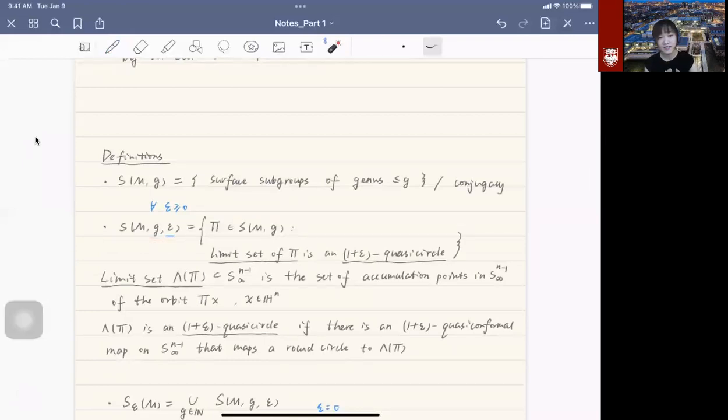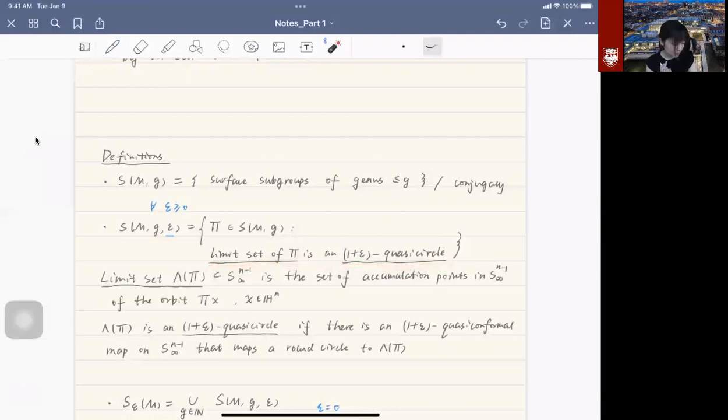Here, epsilon can be any number greater than or equal to 0. We define this to be a subset that contains elements in the previous set whose limit set is a 1 plus epsilon quasi-circle.